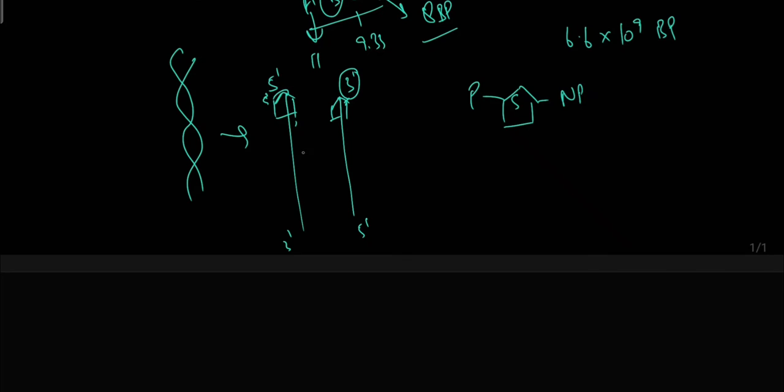If we invert this chain, the 5th carbon will be present here and the 3rd carbon here. To make you understand this concept I will require a complete video, so if I put it briefly, this is the way I can put it.